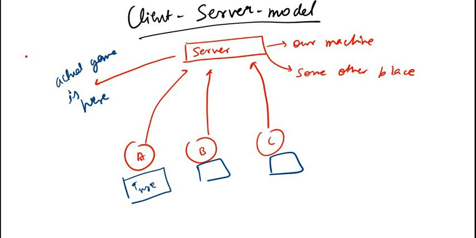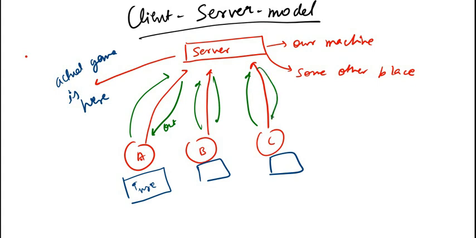So how will we proceed in this scenario? The clients will be sending their inputs to the server, and then the server will provide the output after processing those inputs.